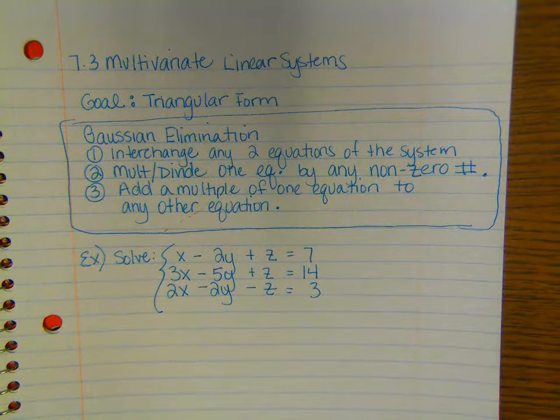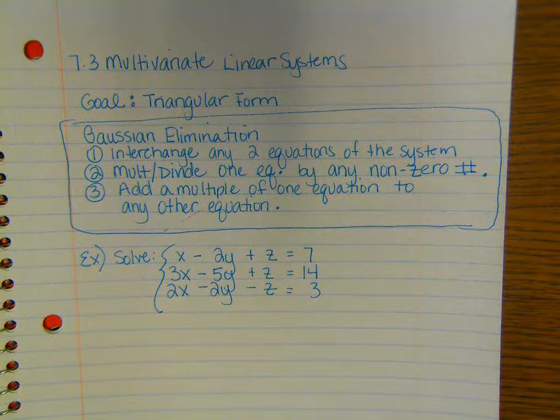But if I know my goal, then I'm just going to go about it logically. In the bottom row of triangular form, what variables are gone? X and Y. In the middle row, what's gone?